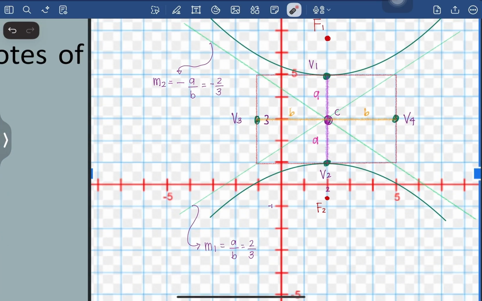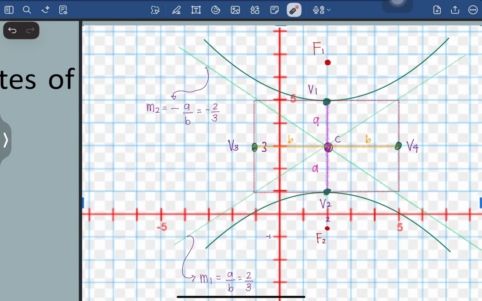Kaya yung transverse axis na to is parallel po sa y-axis ng graph. Then yung beam mo naman, that is the conjugate axis, parallel siya sa y-axis na may distance na 3. Then yung distance naman ng A from center to one of its vertices is equal to 2.